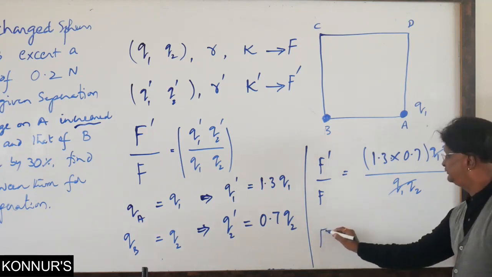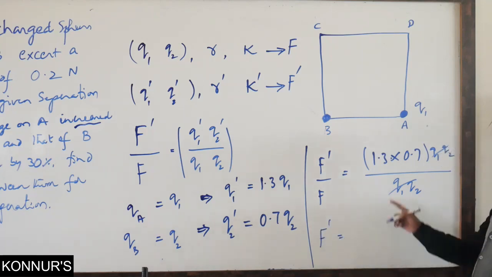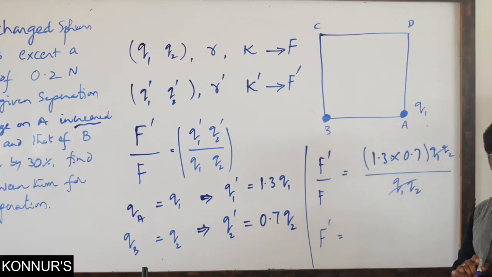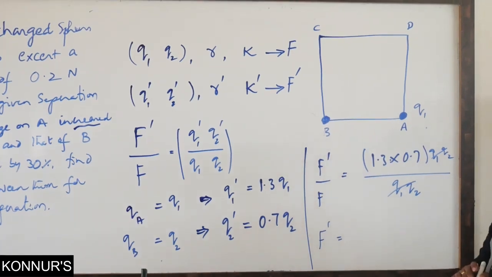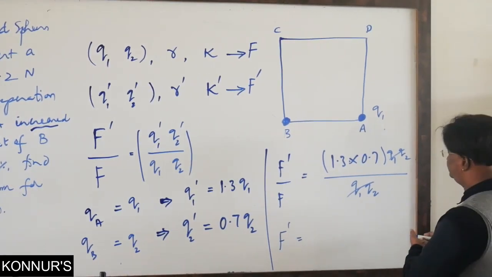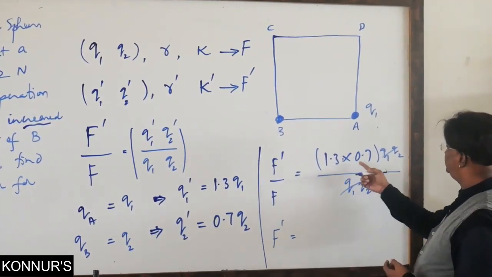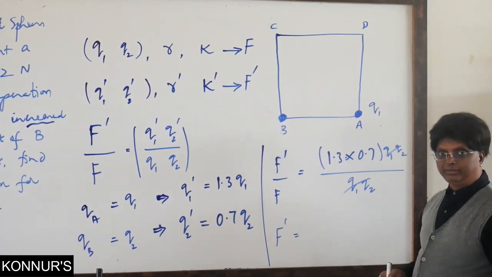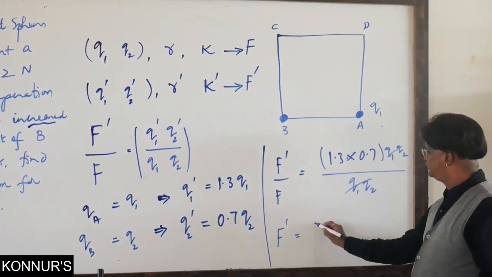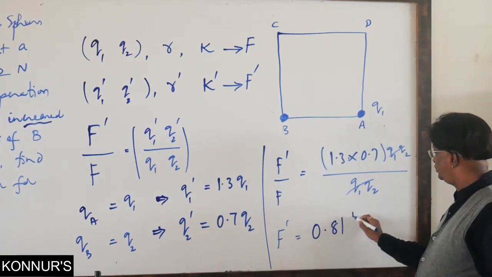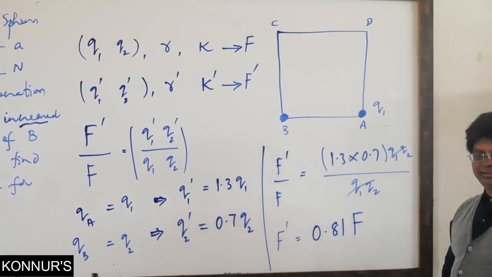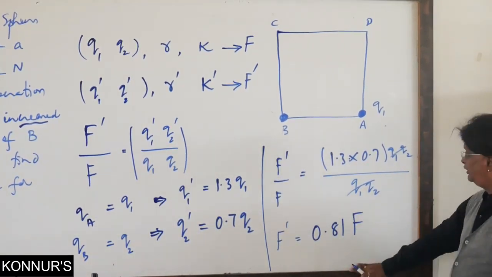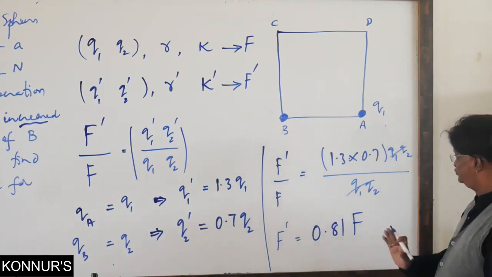Now the final answer is F dash equals 1.3 times 0.7 F. Actually, I should not do all such numbers, it is your case. 1.3 into 0.7 is 0.91, is it not? So 0.91 times F you are getting.